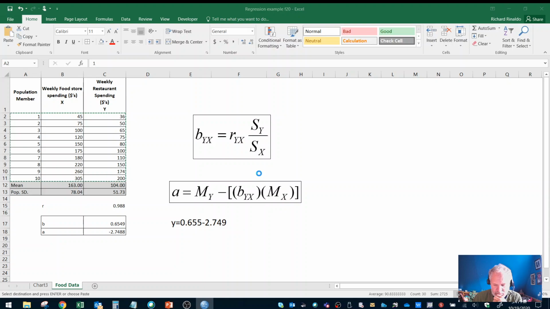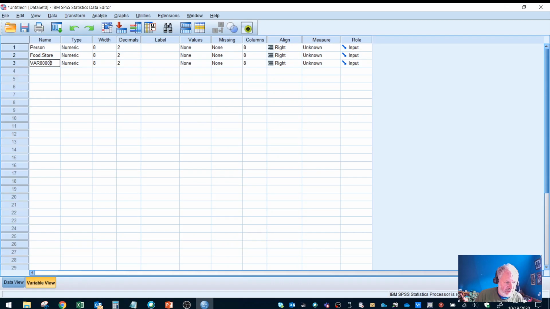Okay, I'm just going to paste in the values. Let's call this person, and I'll call it food store and restaurant. Okay. So I want to complete my regression analysis.